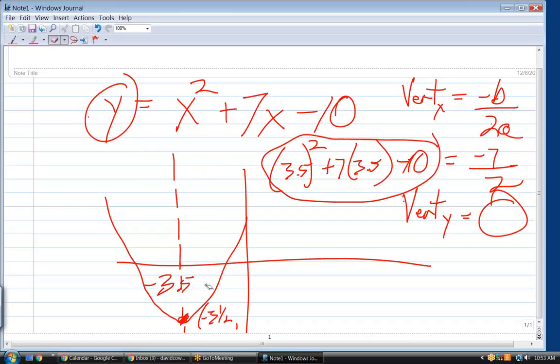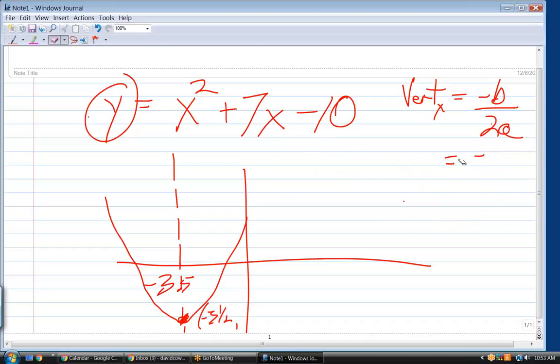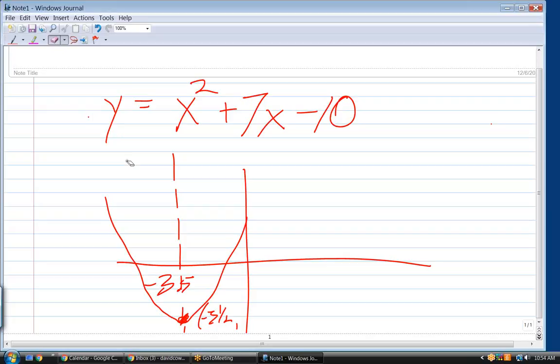But there's still a couple of parts missing. I don't know the x-intercepts yet. How can I figure those out? When you're talking about x-intercepts, what's the value of y? Zero. Correct. So set y equal to 0.